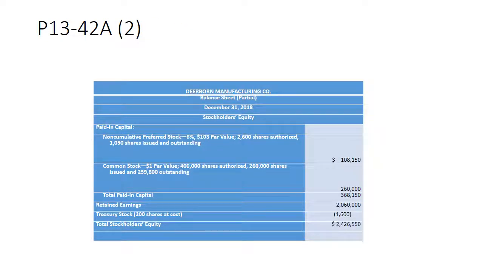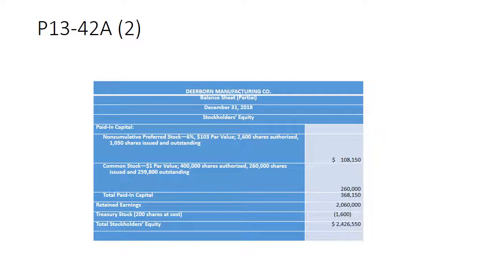Now, in the second part, how do we record this in stockholders' equity? And this, you really should do some T accounts here so you can see what's happening. I'm just going to explain it. Remember, paid-in capital, non-cumulative preferred stock, we do our dividend rate, par value, 2,600 shares are authorized, 1,050 shares are actually issued.